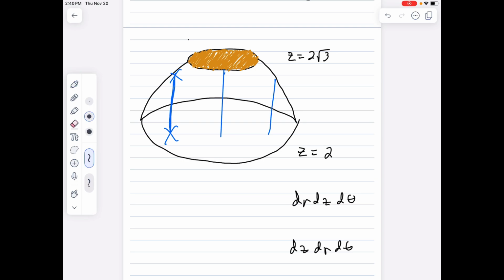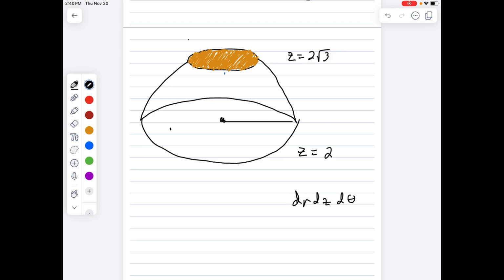So I'm going to set it up as dr dz d theta, and that would work based on the fact that you remember what r is measured from. r is measured from the origin outward from there. Your r would go from 0, and then wherever you're at, your r would always hit the sphere.